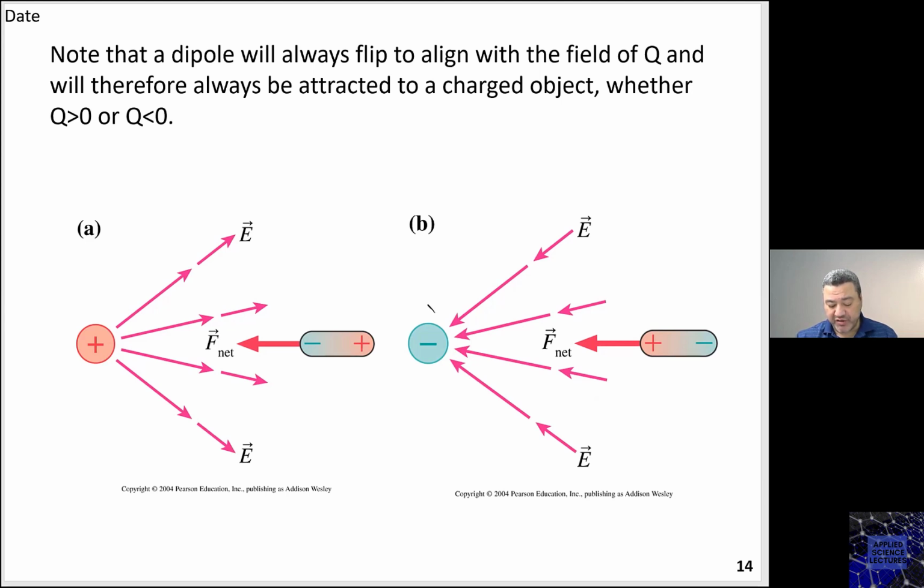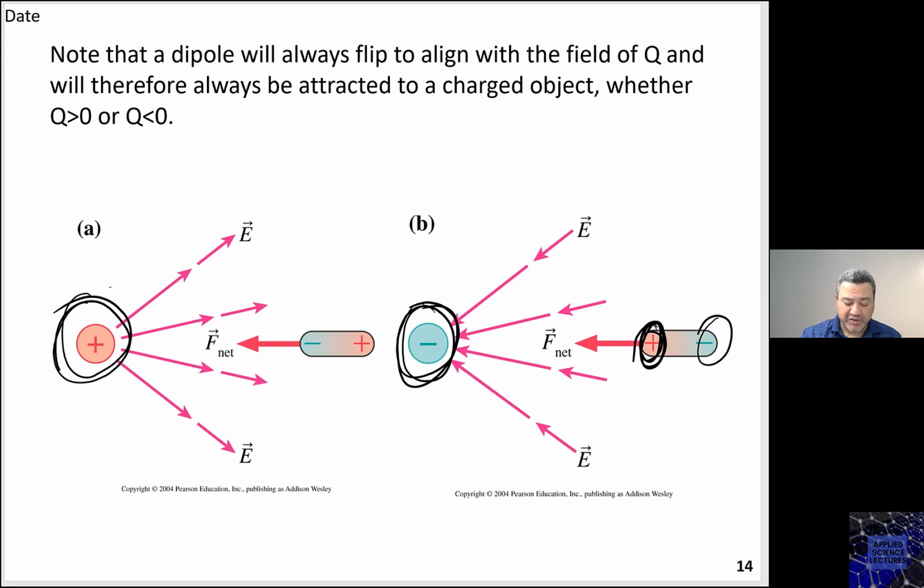Either if the charge generating the electric field was negative, or even if the charge was positive. Why? Because if it's negative, then the positive polar side of the dipole will be attracted. The force exerted on here is greater than the force exerted on here.